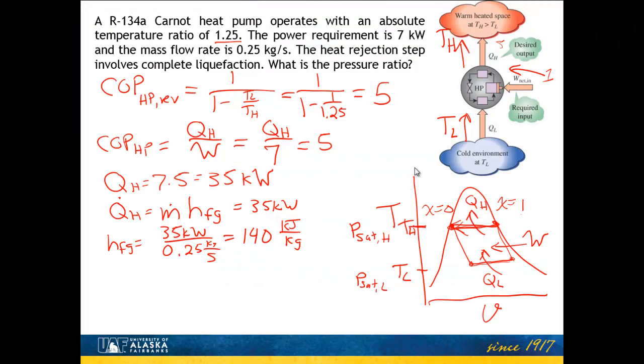Okay, so I'm going to give myself a new sheet over here and just do an interpolation. So for H, 140 was my value of HFG, and I'm interpolating between 139.09 and 144.41. So that ratio there is 0.171.